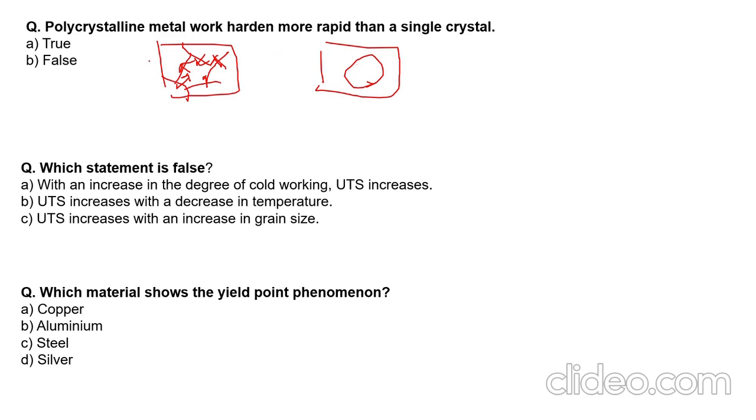So your polycrystalline will always be easier to work harden as compared to your single crystal, simply because there are more sites for dislocation hindrance, more resistance in the structure, and more pinning happening, so that will help in hardening of the material more easily. More defects, more easy to harden, right? While in single crystal we don't have many defects and it's very difficult to harden the material. Okay, so the next question says which statement.